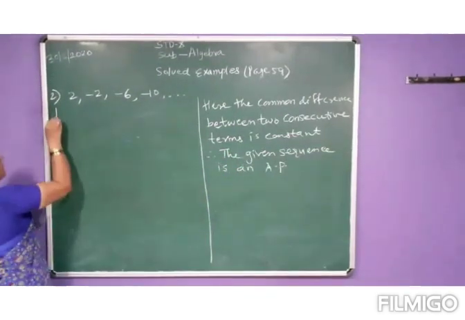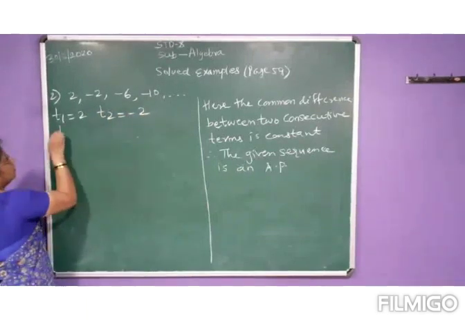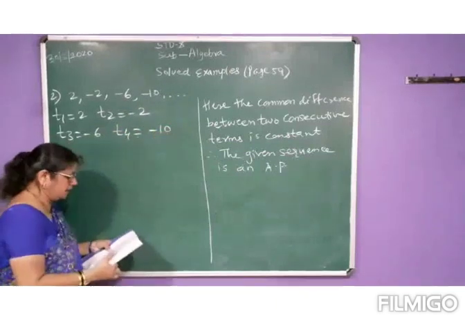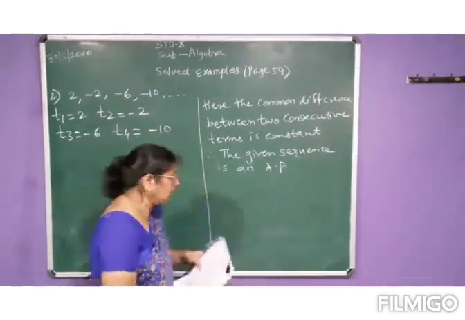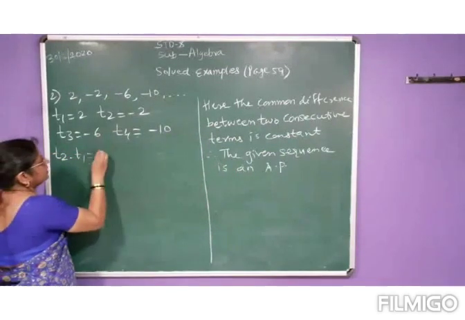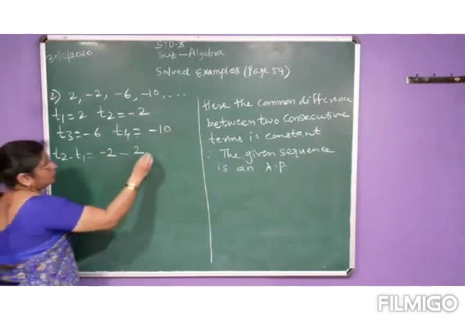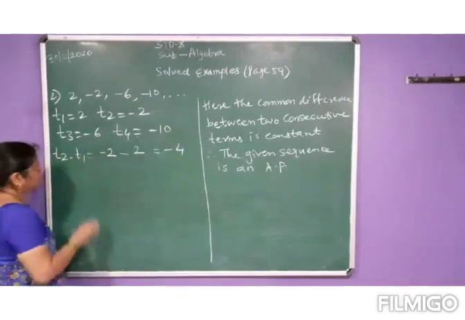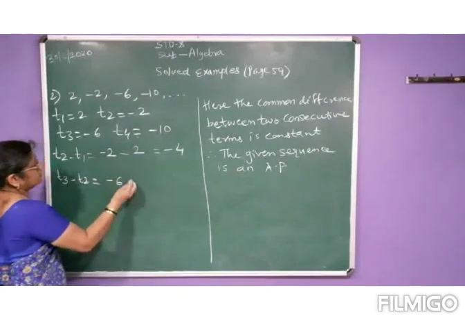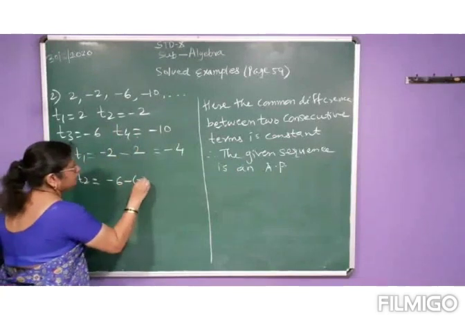Now we will see here. Here also first we will write down T1 is equal to 2, T2 is equal to minus 2, T3 is equal to minus 6 and T4 is equal to minus 10. Now here first we will find out T2 minus T1. T2 is minus 2, minus of T1, so minus 2 minus 2. What answer you will get here? Minus 4. Then T3 minus T2. Minus 6, T2 is what? Minus 2. Minus of minus 2.